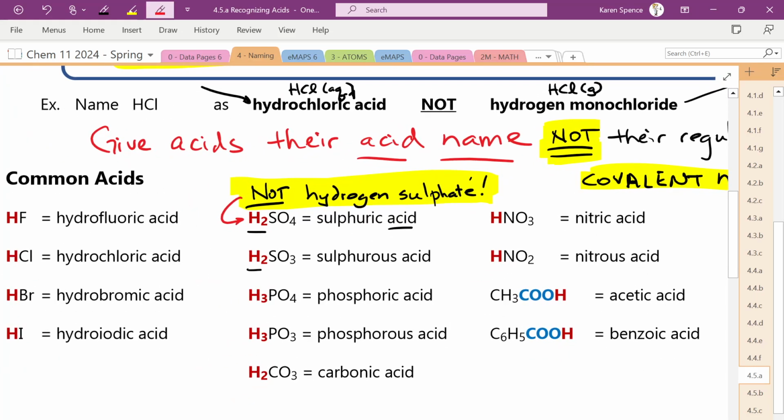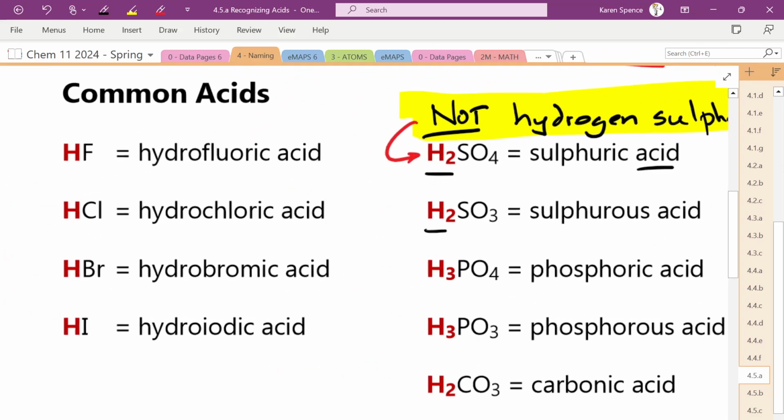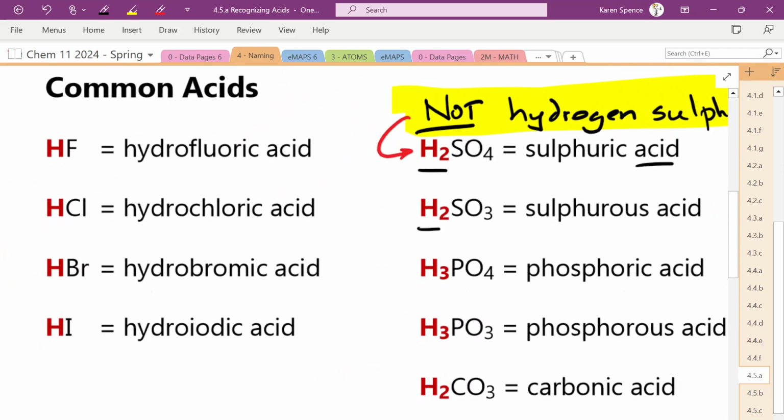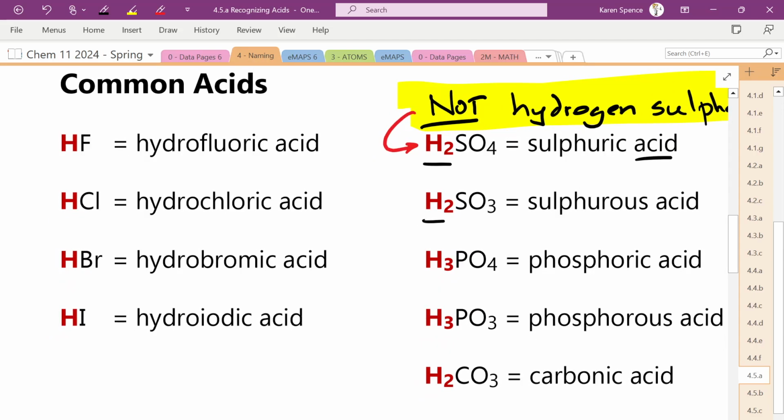We have our hydrofluoric acid. Now, I don't know if you guys remember from a couple days ago, we talked about a way of remembering this. This F ion, what is the name of the F ion? It's called fluoride.